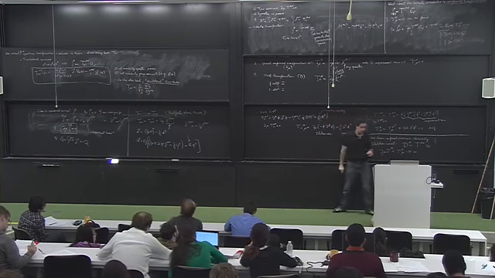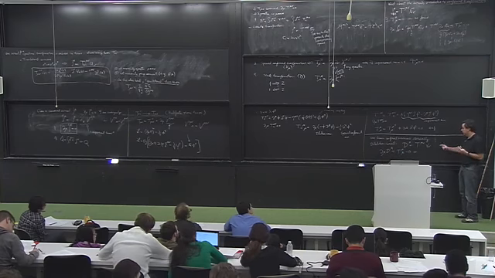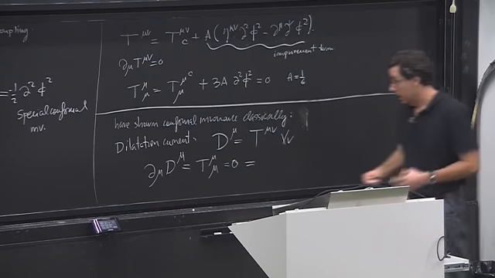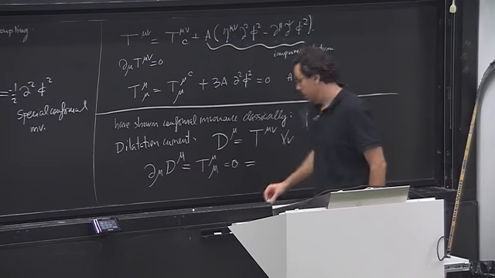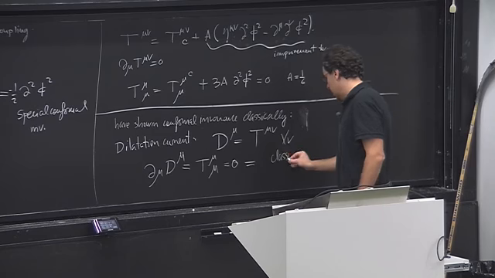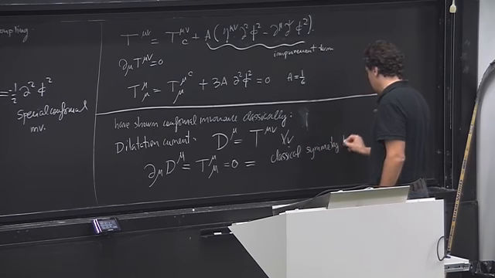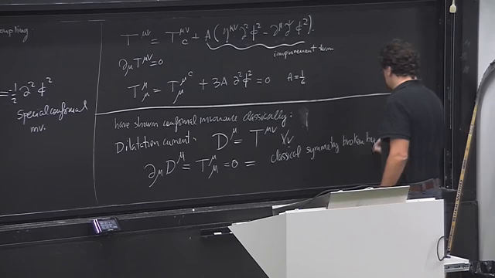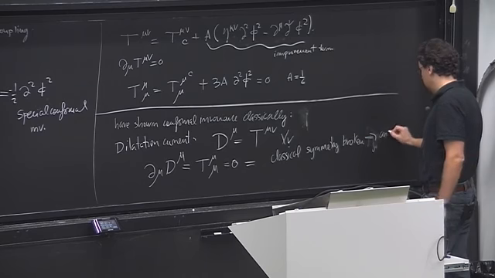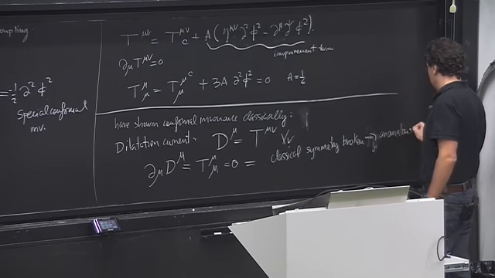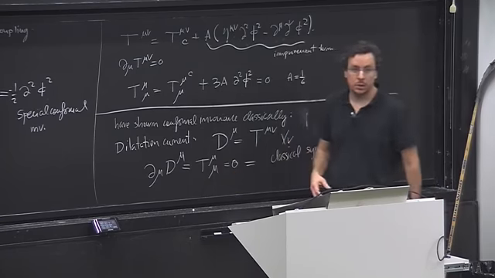And what we will see is the first example of something that's very important, deep, and beautiful in field theory, which is the statement that classical symmetries can be broken by anomalies, and that we usually say that they're anomalous. And we will precisely see in what sense they're anomalous.